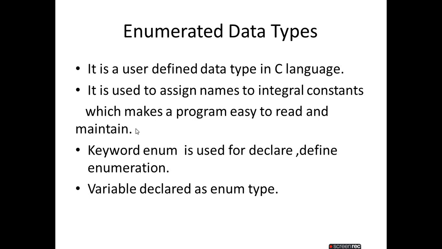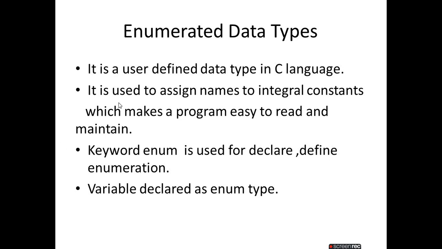I will explain by code, but for now, just keep in mind that the enumerated data type is used for assigning names to integral constants, which makes our program easy to read as well as maintain.